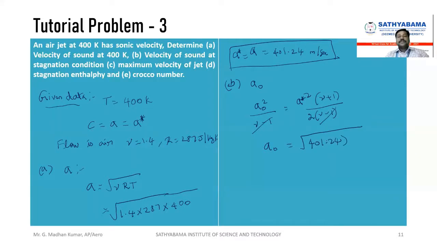401.24 whole square, right? And then into gamma plus 1, that is 2.4, right? Divided by 2, right? This square root is overall square, right? Now, what is the value of A naught now?